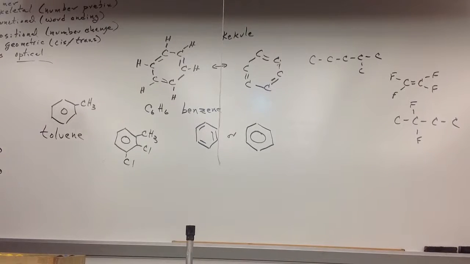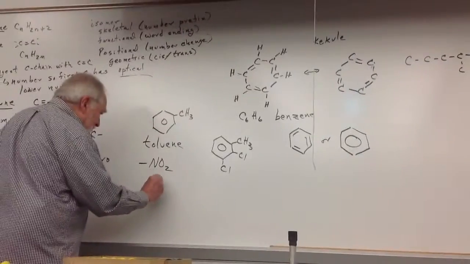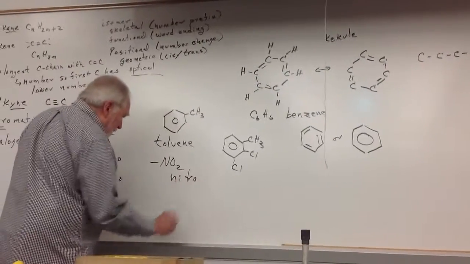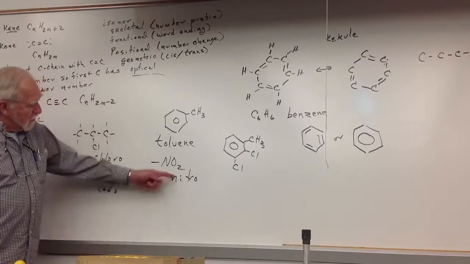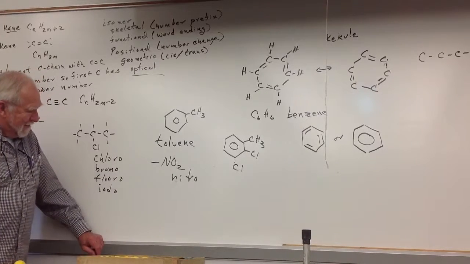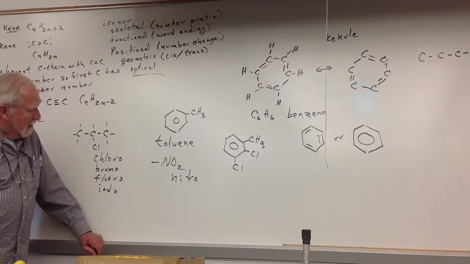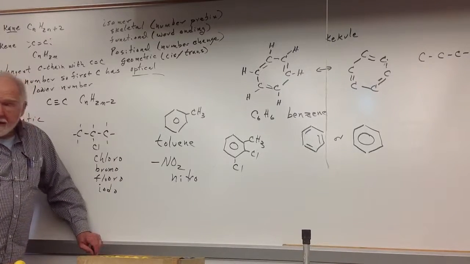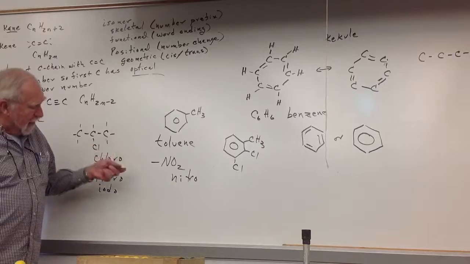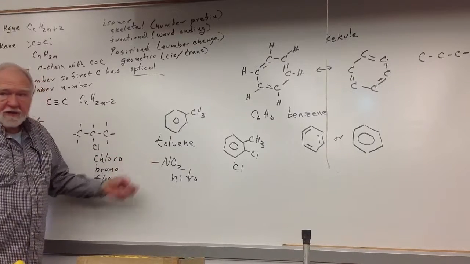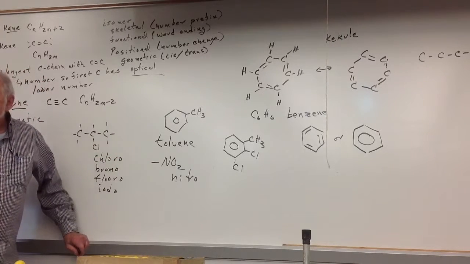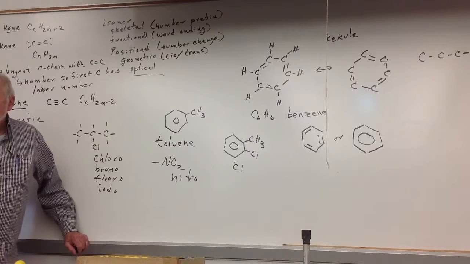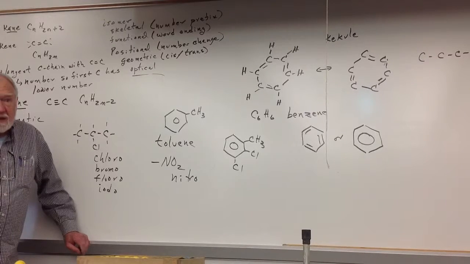Some other substituents. That's the good old nitro group. That's an N, in case you can't read my writing. And the reason we always used to call it nitro was because in organic chemistry, it always bonds through the nitrogen. It doesn't contribute electrons from oxygen as it does when it behaves as a ligand.